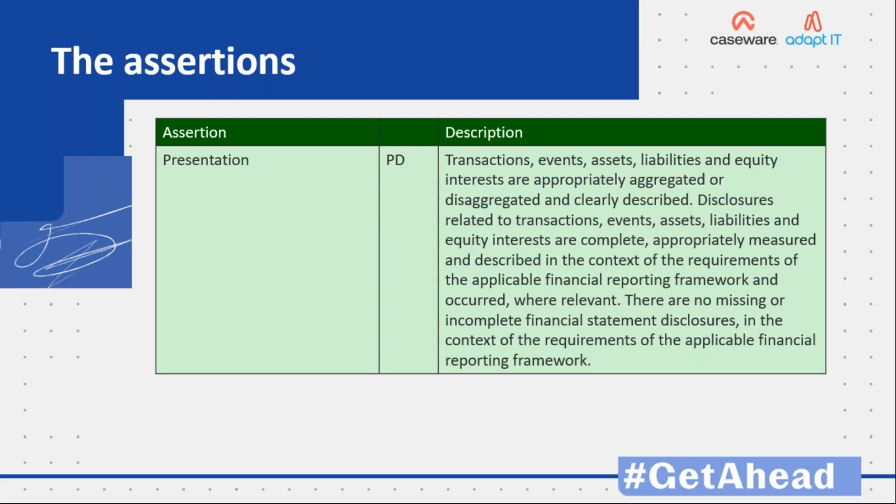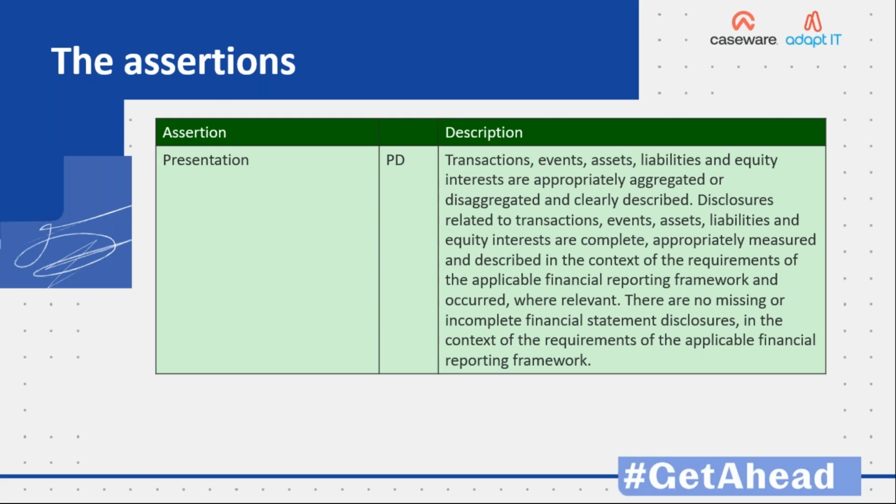Last, the presentation assertion, the P&D: the transactions, events, or assets, liabilities, and equity interests are appropriately aggregated or disaggregated and clearly described. The disclosures related to transactions, events, assets, liabilities, and equity interests are complete, appropriately measured, and described in the context of requirements of the applicable financial reporting framework.